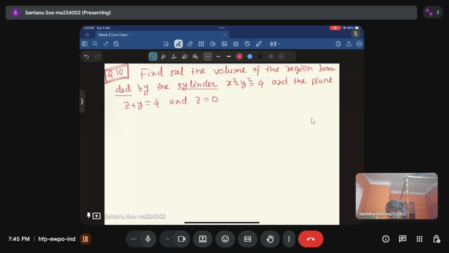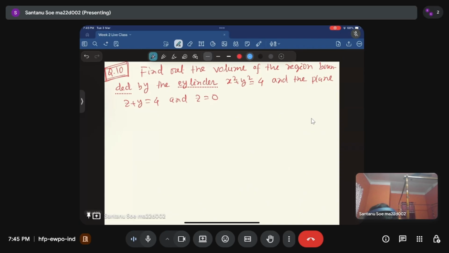Okay, so now we're going to do the solution. So clearly we can see that z is varying from 0 to 4 minus y.